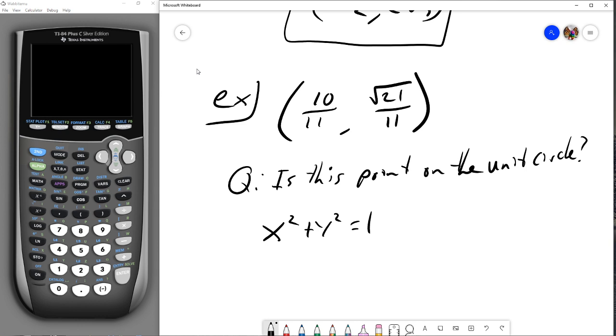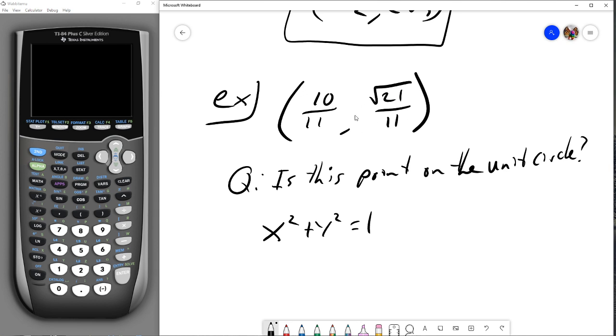Similarly with pi over 6 and pi over 3, it would alternate between a half and root 3 over 2. But the point we're given here doesn't look like any of those three values: not root 2 over 2, not root 3 over 2, not a half. So is this on the unit circle?